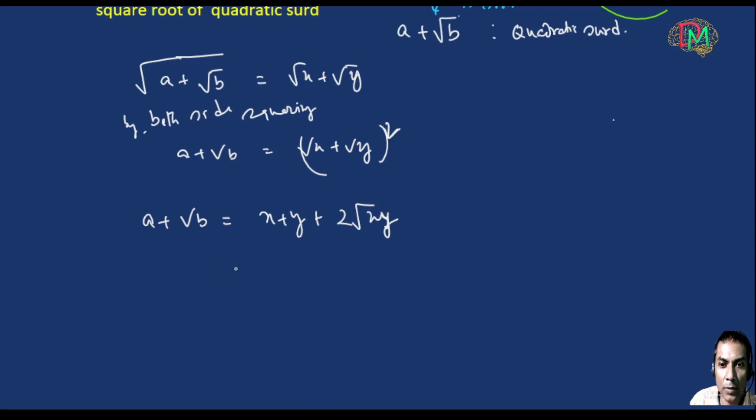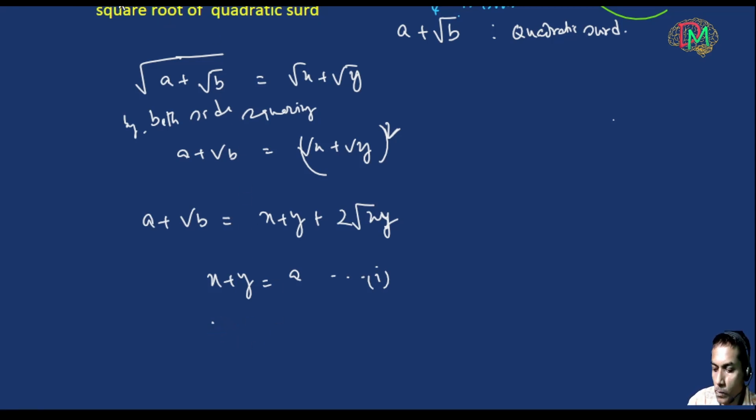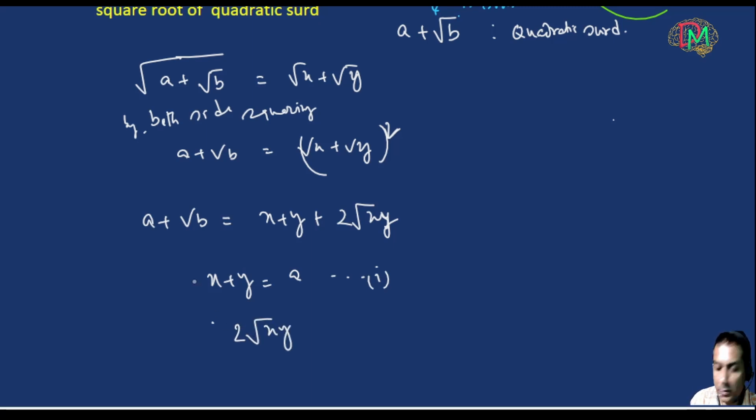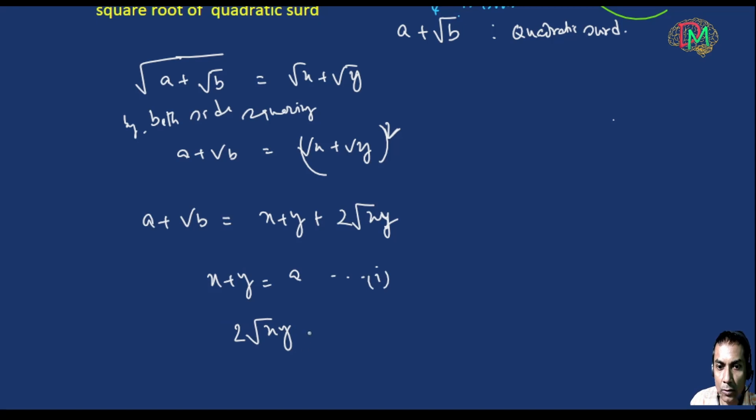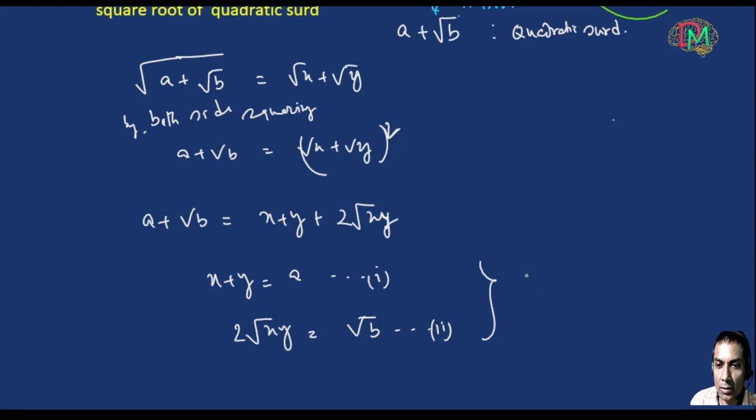Then from here we get x plus y is equal to a, that is equation 1, and another is 2 root xy is equal to root b, equation 2. By solving these two equations, equation 1 and 2, we get the values of root x and root y. Clear?